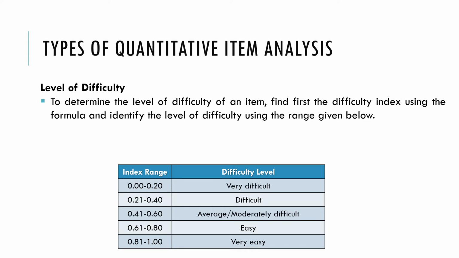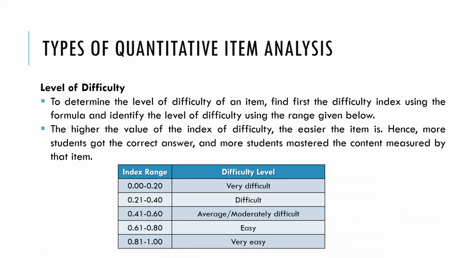Meaning to say, if you are to interpret now the result of your level of difficulty, we have to use this particular table. So the higher the value of the index of difficulty, the easier the item is. So makikita naman siguro sa index range, no? Hence, more students got the correct answer.